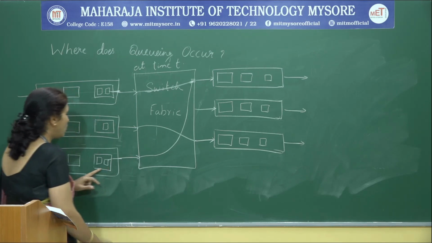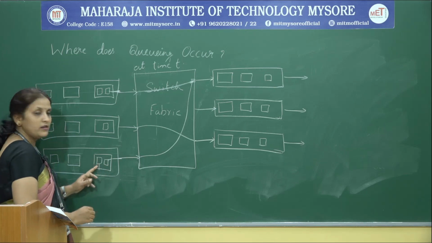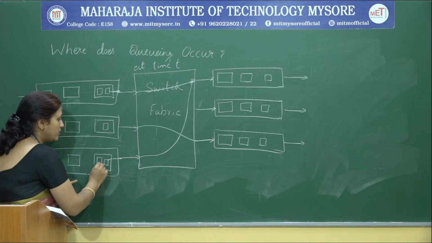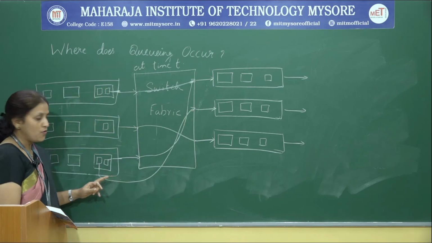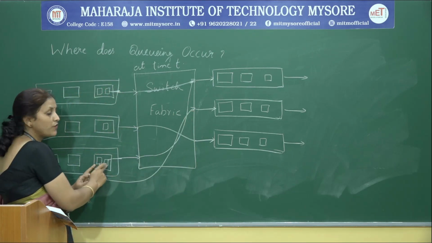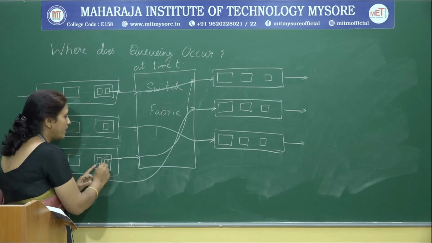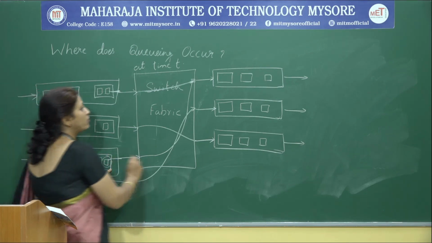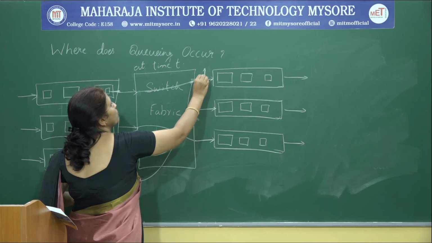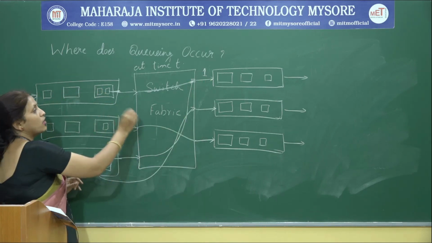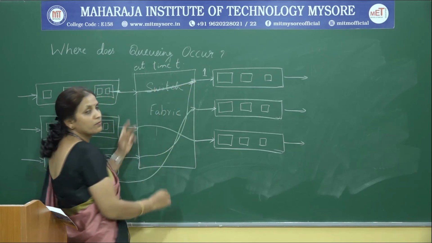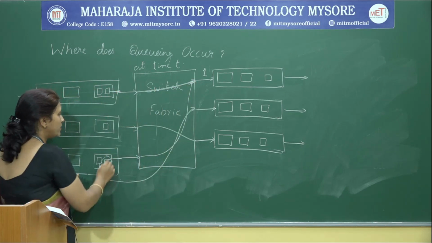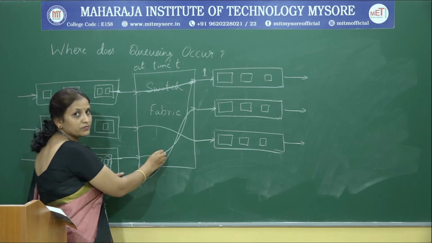Okay. Even though the packet behind this first packet is destined to move to the second output port, it has to wait until this packet get transmitted to output port 1. Since now switching fabric is transmitting this packet, okay, this has to wait for its turn.